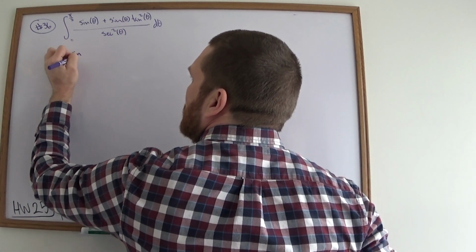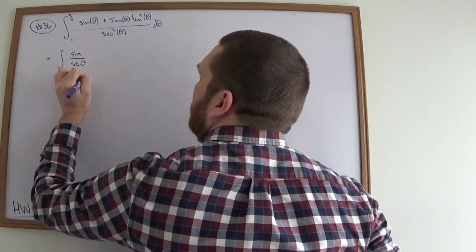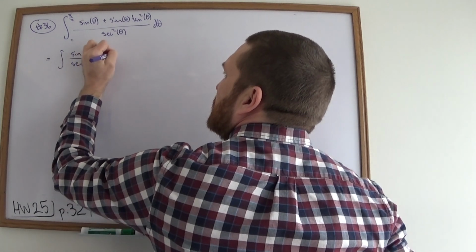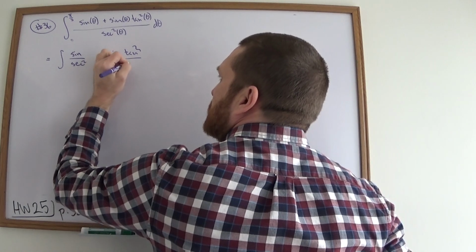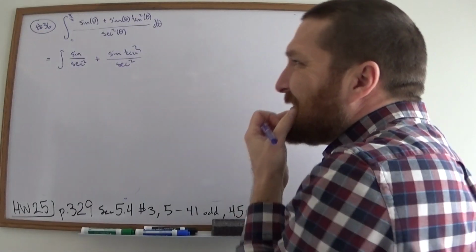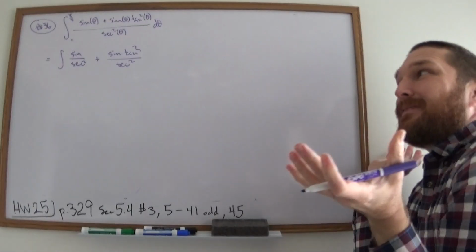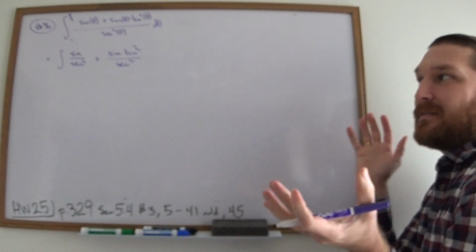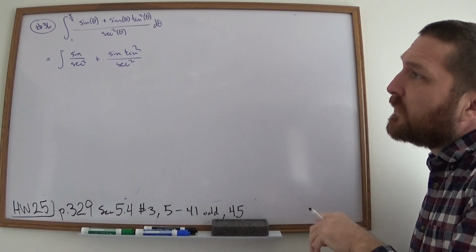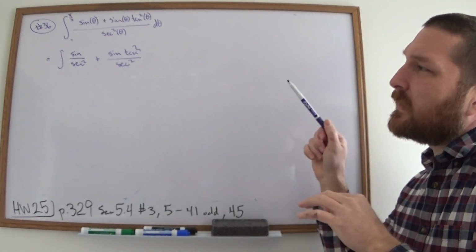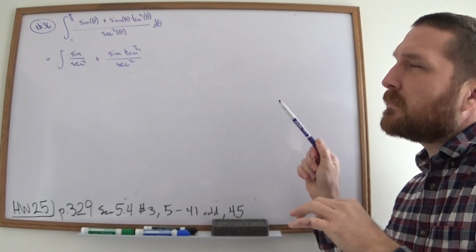This is the same as sine over secant squared plus sine tan squared over secant squared. Maybe get everybody in terms of just sines and cosines, and maybe stuff will start canceling out. I don't know. But wait, sine over secant squared is the same as sine times cosine squared.